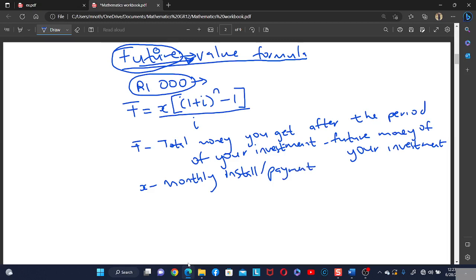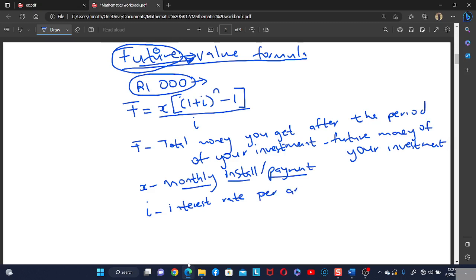For example, I was making an example with 1,000 that you can decide that you are going to put 1,000 rand every month. So this one is a monthly installment or a monthly payment. Okay, and then i, this one is the interest rate per annum.